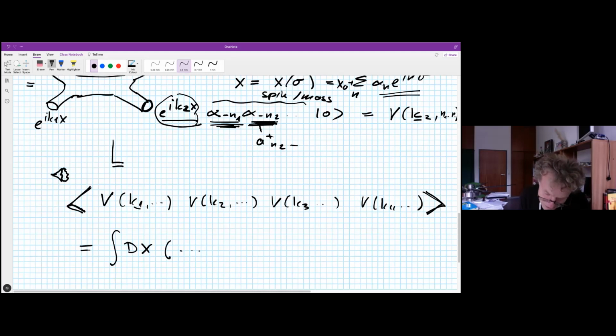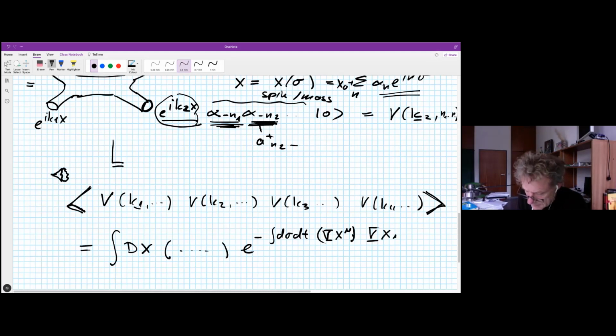Here we insert all these operators, and then with a certain measure, we take minus d sigma dt, and then nabla x mu with nabla x mu. And this nabla is the derivative with respect to sigma and t.